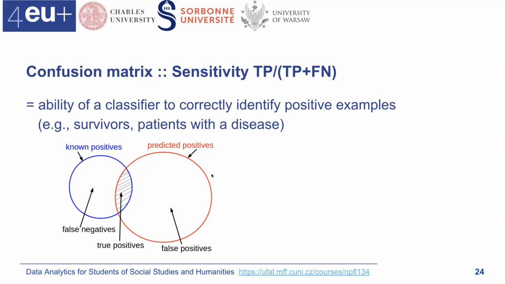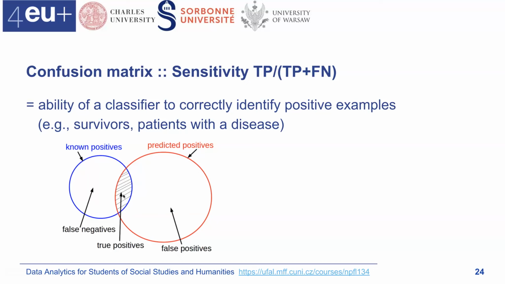And here is, I would say, a very nice visualization of the positives. So here is a set of predicted positives. In other words, a set of emails that the classifier classified as spams. And here is the set of true positives.